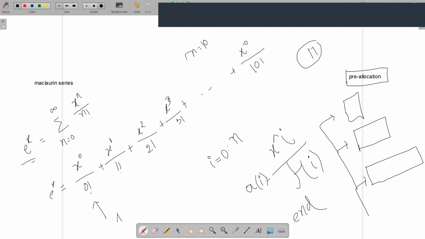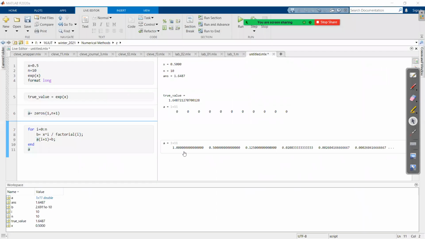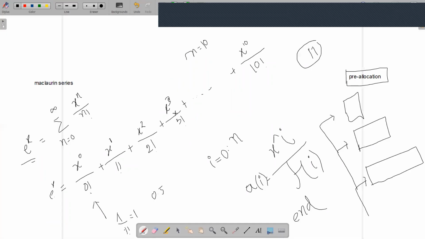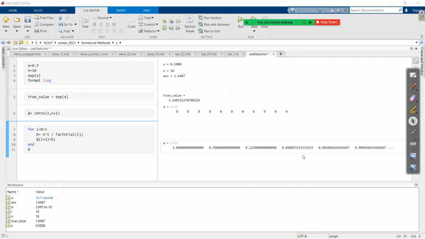Something to the power 0 is 1, divided by 0 factorial, which is also 1. This is the first term. The second term is 0.5 to the power 1, that means 0.5. So the first term was 1, the second term is 0.5, the third term is 0.125. This way, as you go further and further, the value is decreasing and decreasing, right?